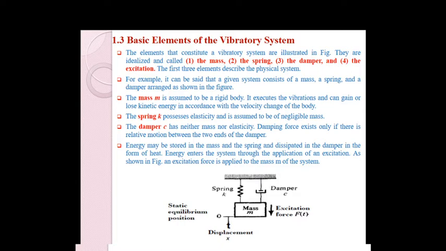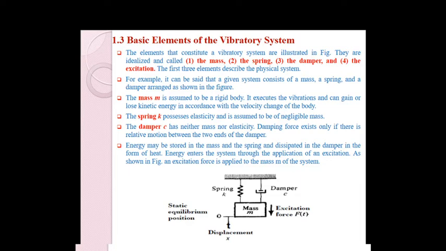As soon as it reaches the mean position, because of the mass the system has, that mass possesses kinetic energy, and because of that kinetic energy the system moves to the other extremity. At that extremity the mass loses its kinetic energy, which is converted into potential energy because of the position the system has.